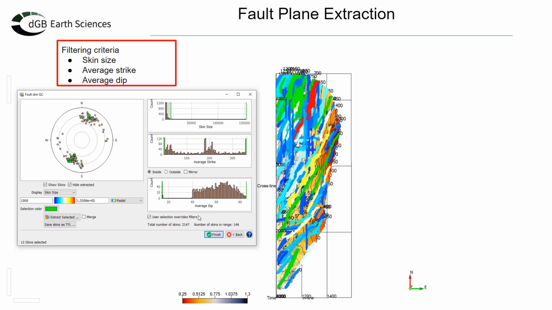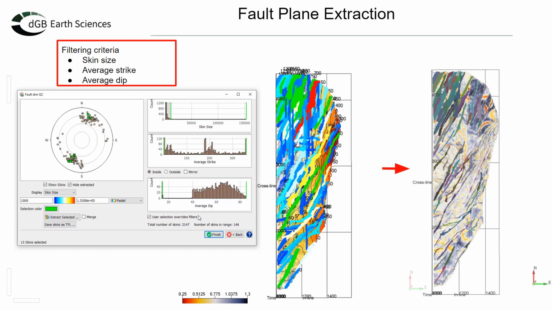Once you're okay with the criteria you set, you just hit the extract button and you will extract your fault set. All these faults will be stored in one file, what we call a fault set. As you can see, they are smooth and nice. However, you can also extract these faults individually.